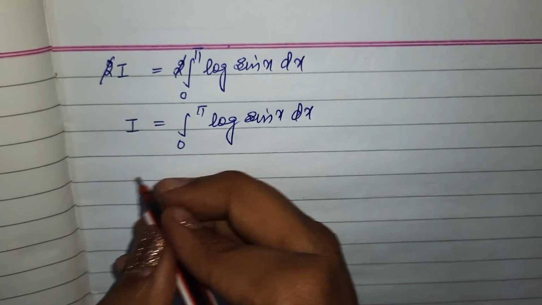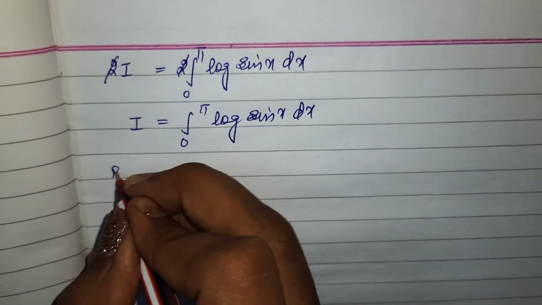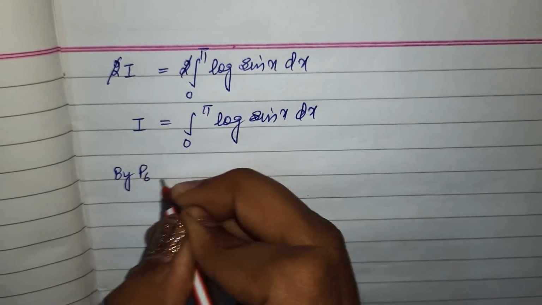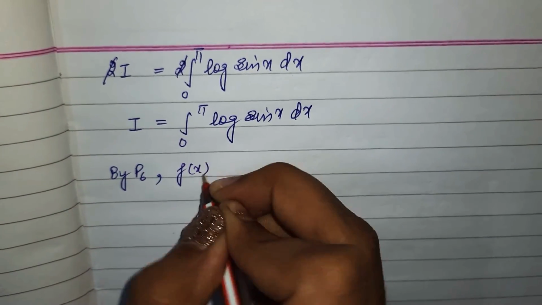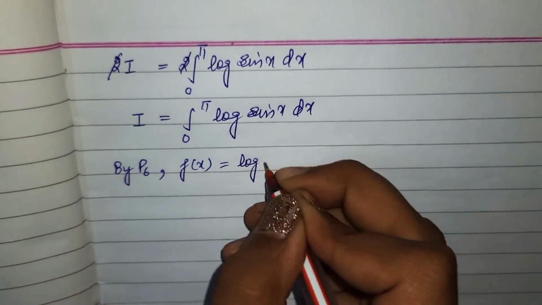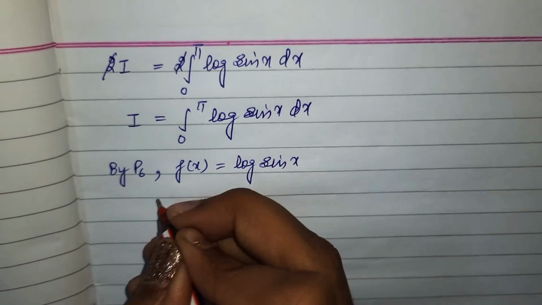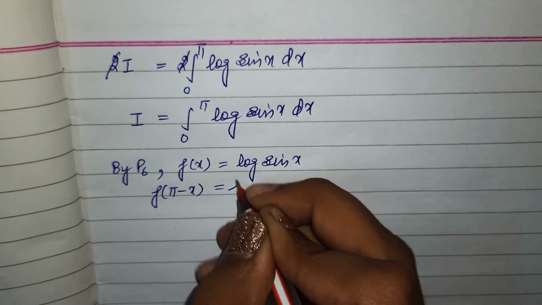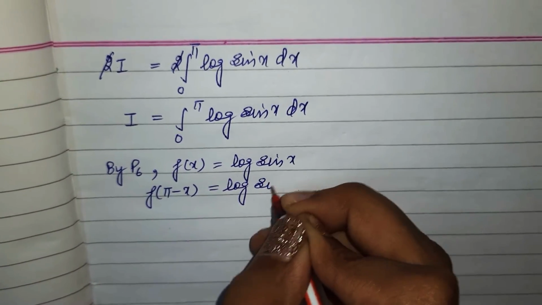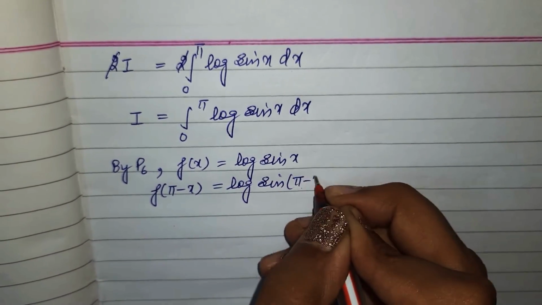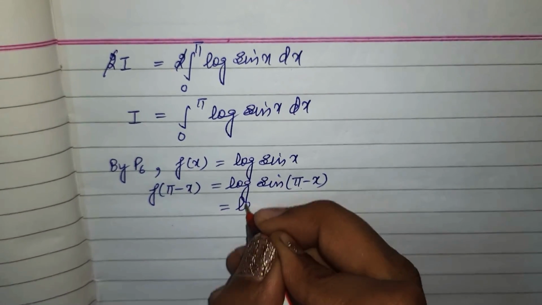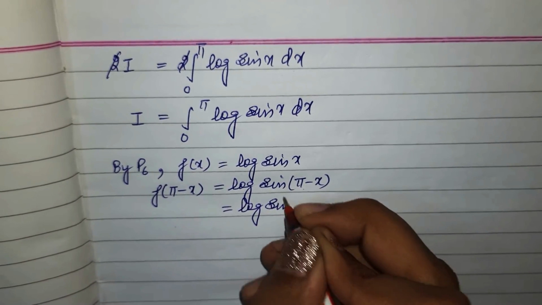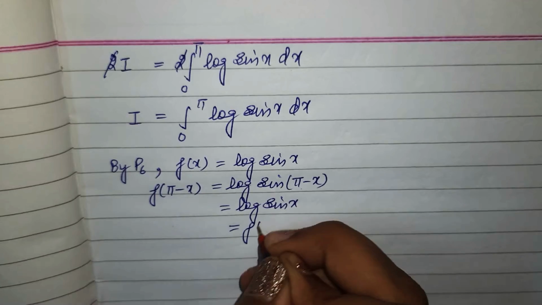By applying P6, f of x is log of sine x, so f of pi minus x is log of sine of pi minus x, which gives log of sine x, equivalent to f of x.